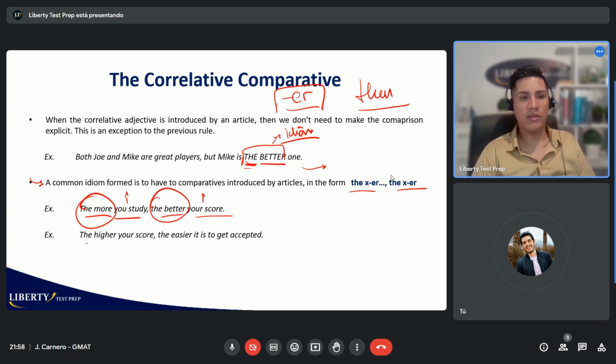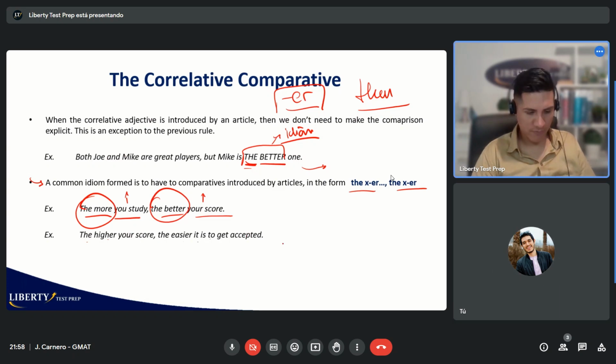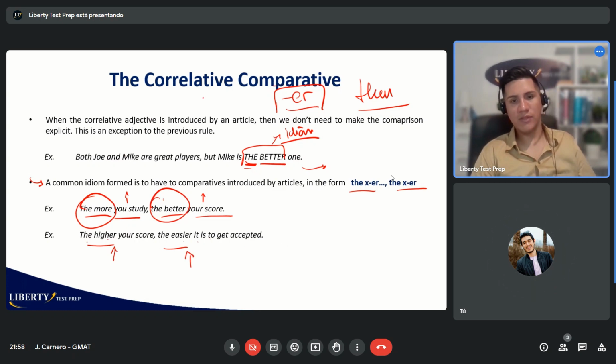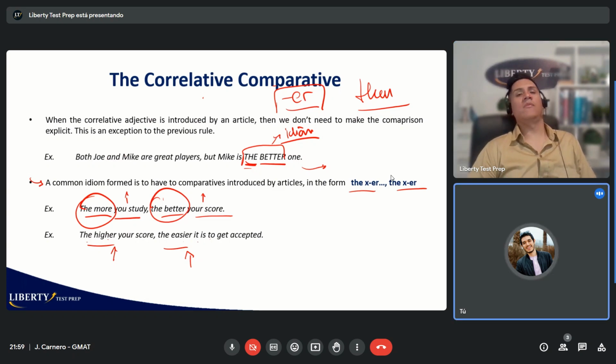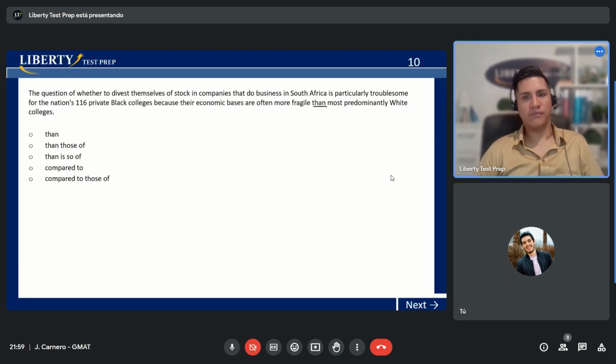The same way here, right? The higher your score, the easier it is to get accepted. The higher something, the easier. Because they're correlated, that's why we call this a correlative comparative. That's an idiom. And in those cases, of course, you don't need a than, because you're correlating more than comparing. Okay, easy. So now we go here, number 10.